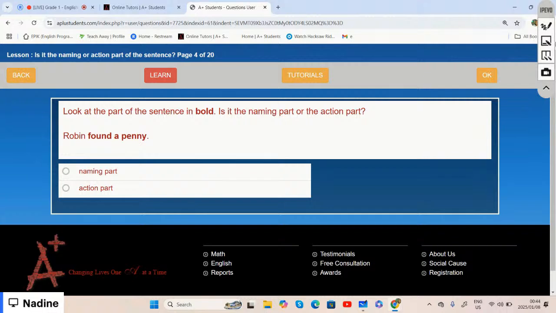All right. And the last one says Robin found a penny. Yes, well done. So found a penny, the part that is in bold. Is it a naming part or an action part? Found a penny.